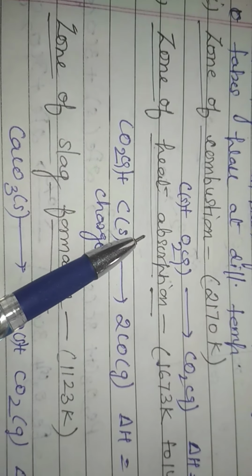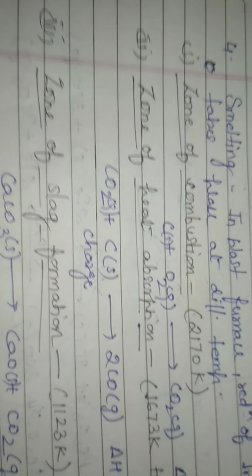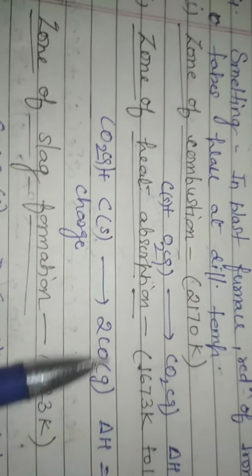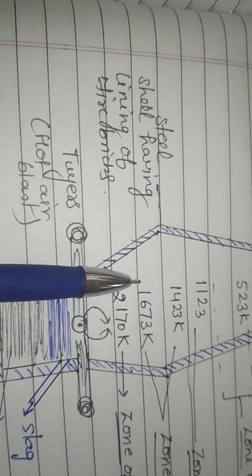The next zone can also be included in the same zone of combustion. Still, we have written it with the next name, that is the zone of heat absorption. That is another zone, as we are able to see in the diagram, 1423 Kelvin to 1673 Kelvin.